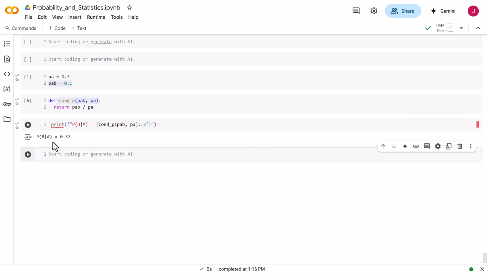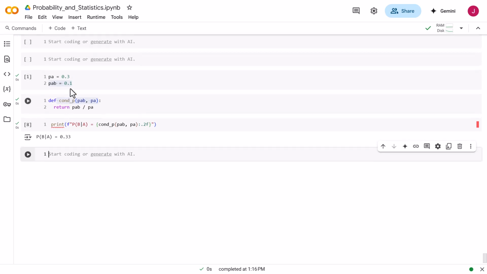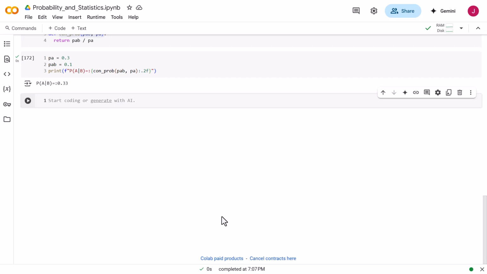So probability of B given A is 33%, right? It means if we know that A already happened, the probability of B given A is equal to 33%.